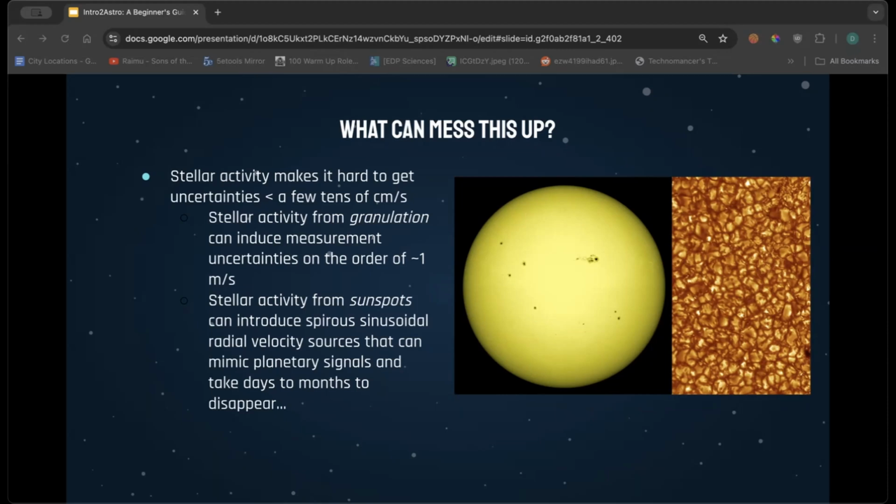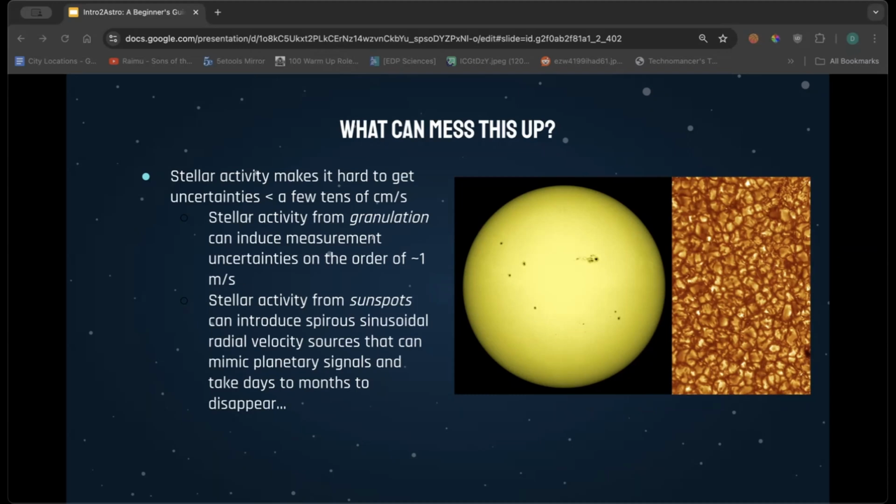Depending on your star, it can rotate with a period of multiple days, or even dozens of days, which is a period at which we'd expect to find these sorts of planets with the radial velocity method. And especially if you're working with small stars, the amplitude of these spurious signals can actually be larger than the planetary signals that you're dealing with.